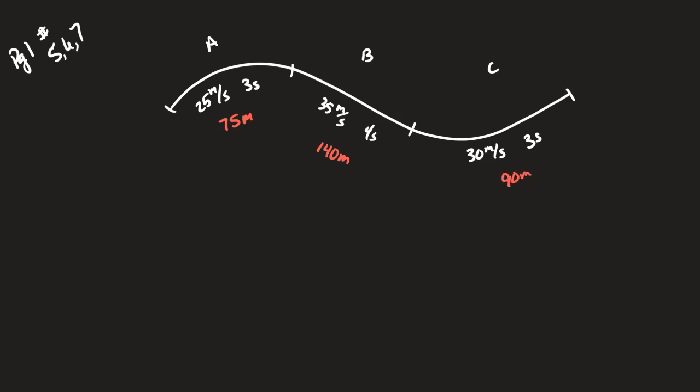Is that right? All right, so it says calculate the average speed of the car over the 3 segments. The average speed would be the total distance traveled by the car divided by the total time that it traveled that distance. So for question number 5, it would be 75 plus 140 plus 90, all divided by 3 plus 4 plus 3, which is going to be 10 seconds.